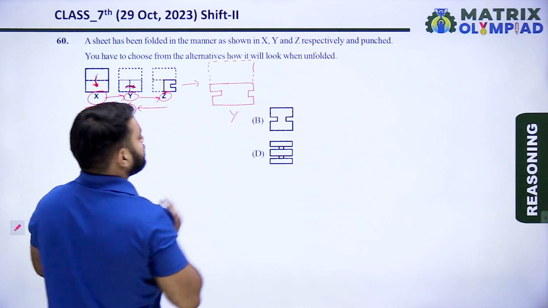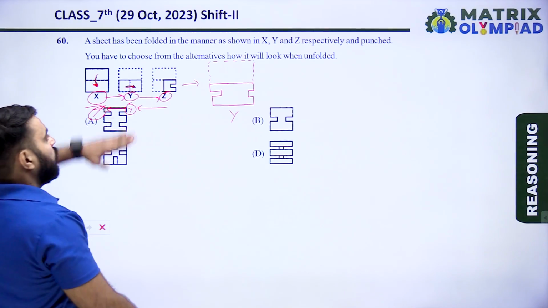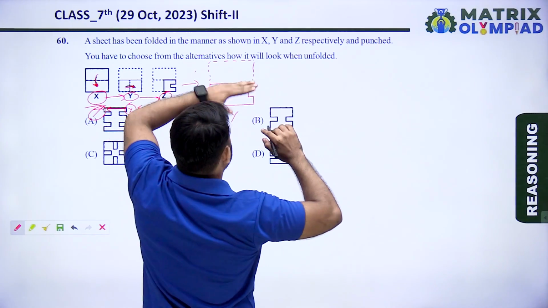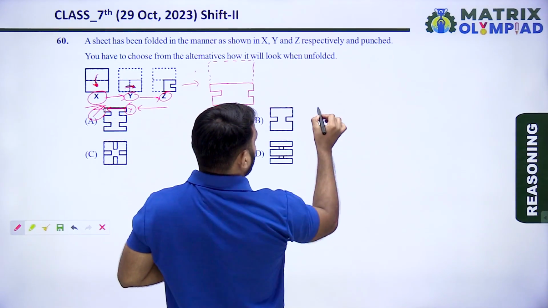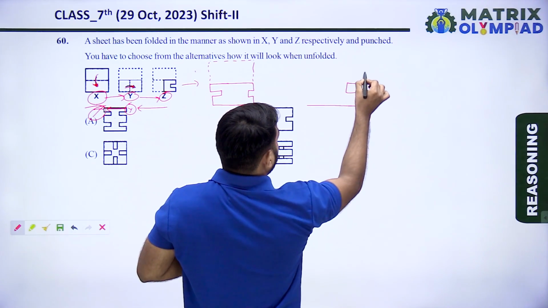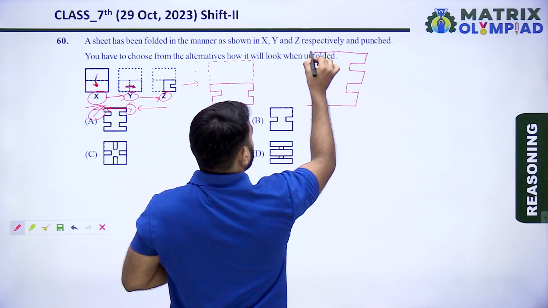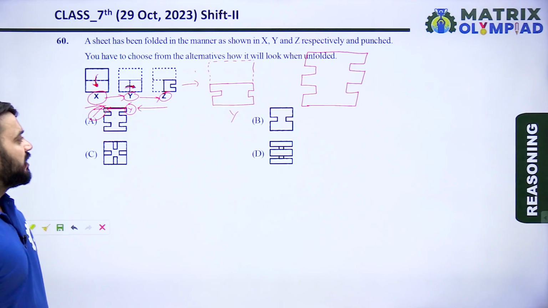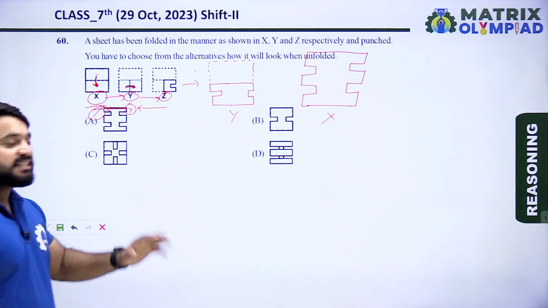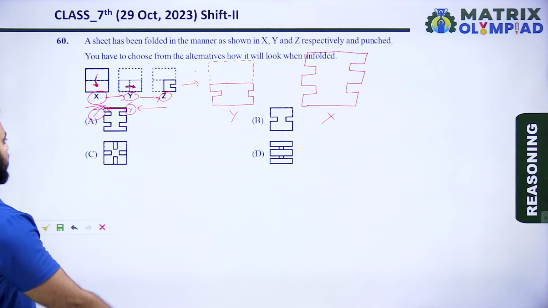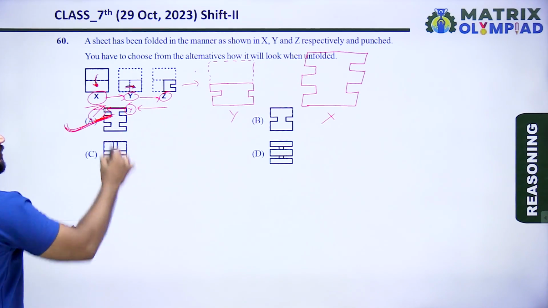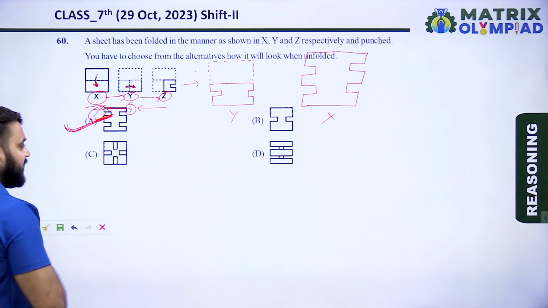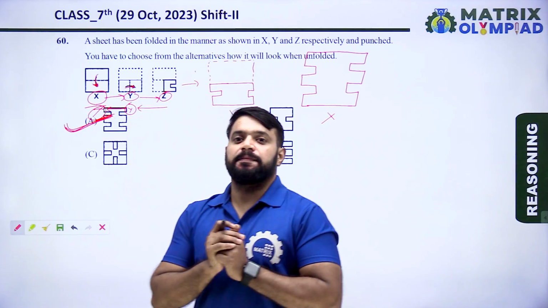So find the mirror image of Y. The mirror image of Y looks like as follows. It represents X, and X represents the unfolded paper. So here option A is the correct unfolded paper of the given figure. So option A is the correct answer of this question. Thank you.